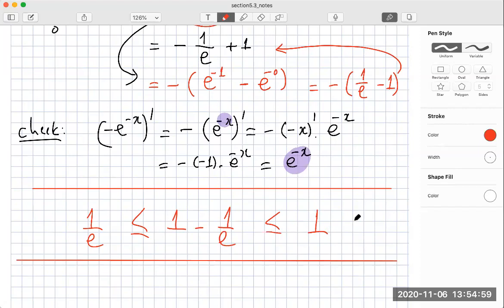So do you have any question about this example? Very good. So now let us compute another example. Okay.